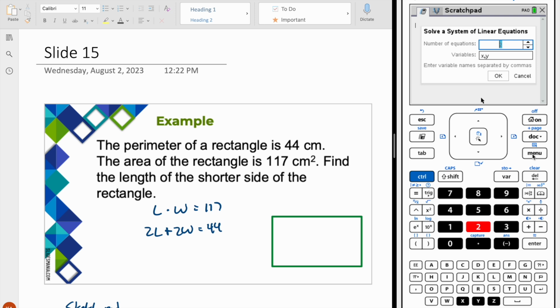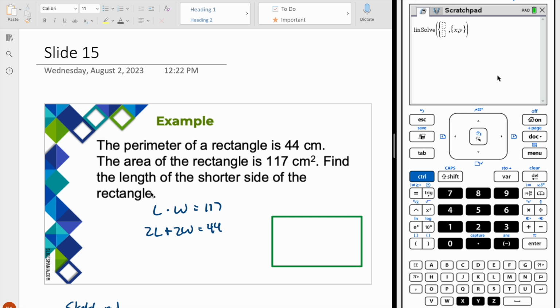And we have the ability to select how many equations that we would like. In this case, since we're only working with 2, we're going to go ahead and select 2. We will be using x and y to describe our variables. So even though we did use L and W in order to describe the length and the width, we're going to use x and y within our calculator.